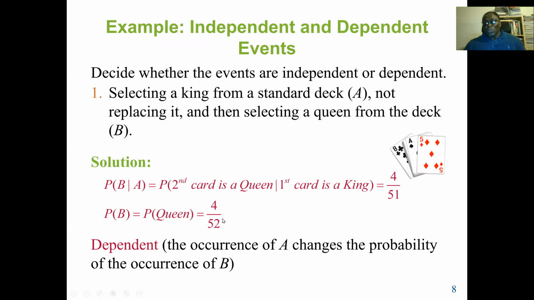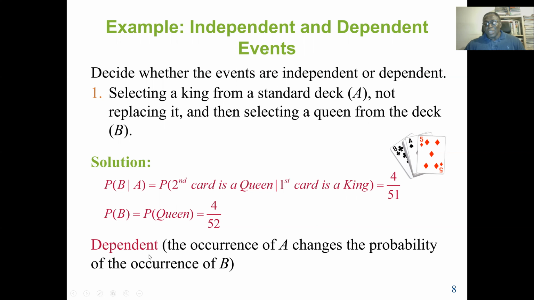So we don't care about the first card being a king. So the solution here is dependent. What's the probability that the second card is a queen, given that the first card is a king? And also probability of B, or probability of queen, will be 4/52 because we have 4 queens and 52 total cards.